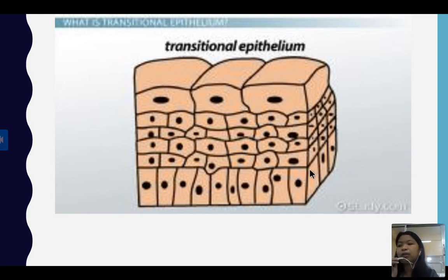Ayan, kapag kailangan pa niya ng mas stretch, of course, doon tayo sa columnar. Kaya siya tinawag na transitional. And we all know that the function of the urinary bladder is collecting urine. So, kapag meron ng urine, di ba, feeling natin yung bladder natin na stretch siya or malaki siya. So, sino yung nagme-maintain nun or nagko-control nun? The tissues which are the transitional epithelium.